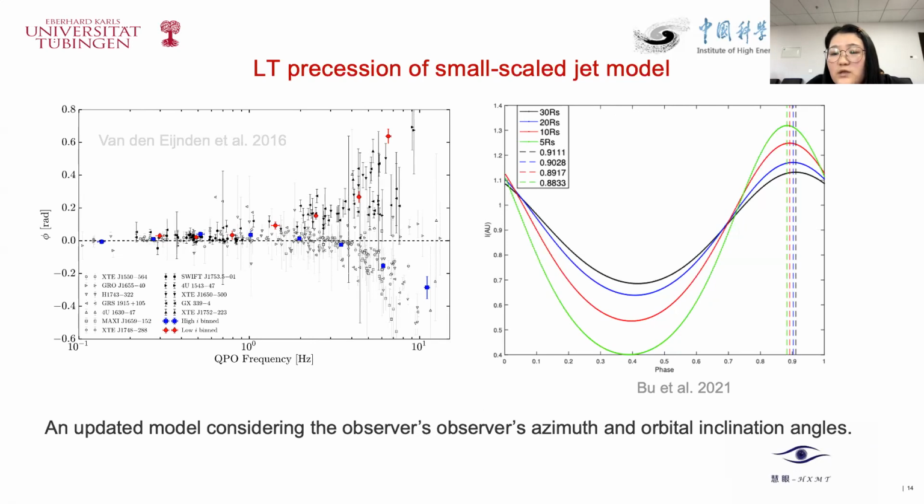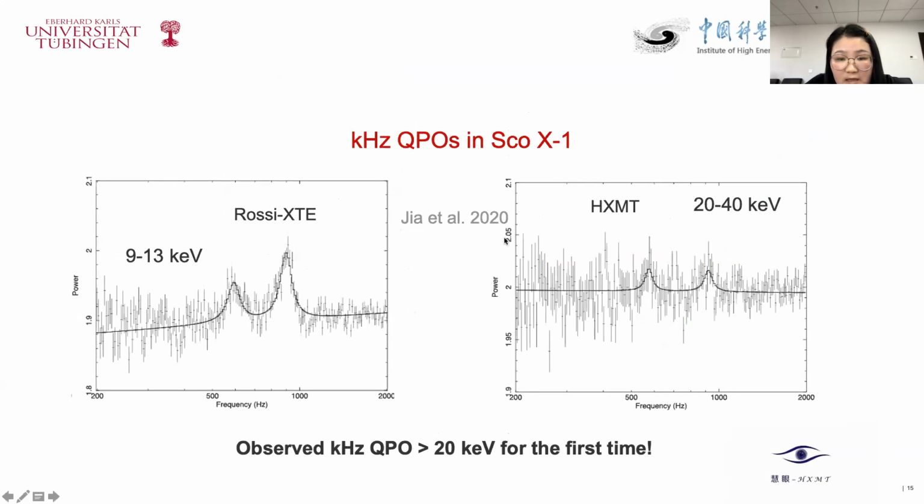So it gives you an uneven phase lag difference between different energies. This updated model can naturally explain the relation between the phase lag, the energy and the inclination angle. The next work will be the kilohertz QPO studies in Sco X-1.